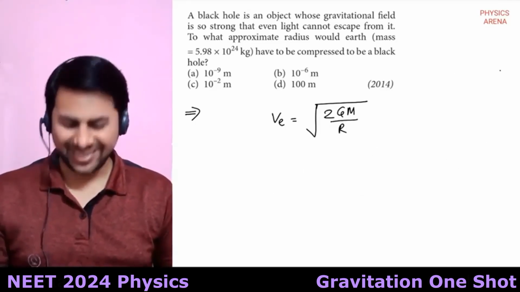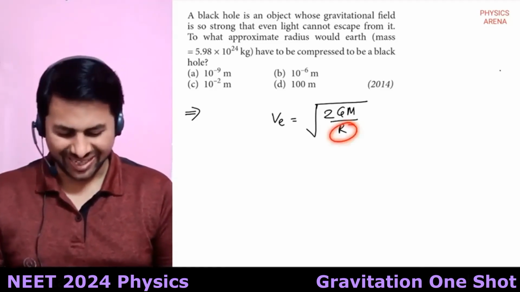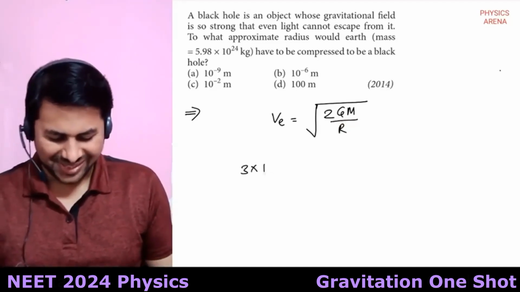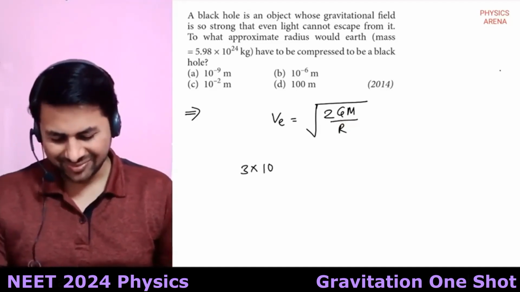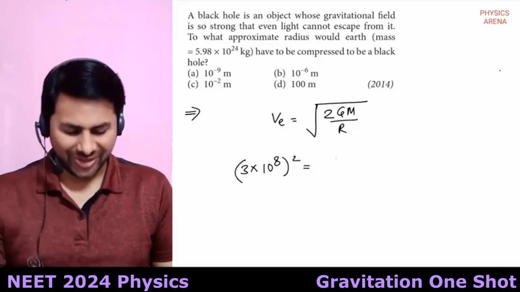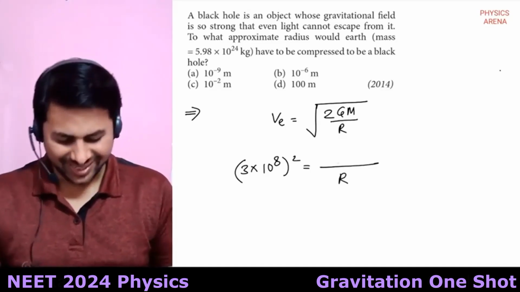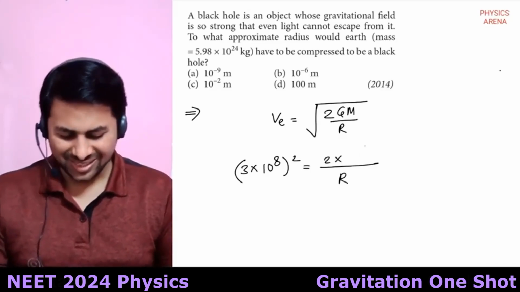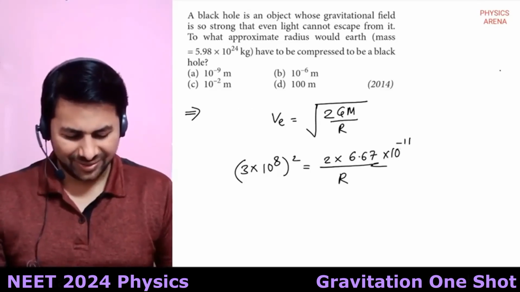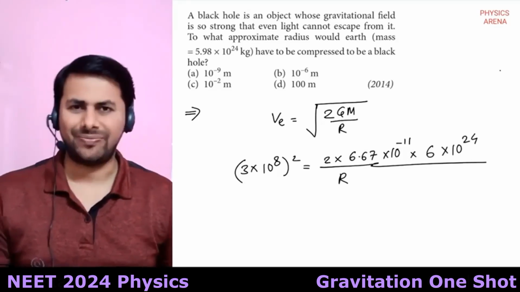We want to find R, so we cannot substitute R. So it is 3 multiplied by 10 raised to 8, whole square, equal to 2GM upon R. We want to find R, so let's keep R as it is. Into 2 multiplied by G, which is 6.67 into 10 raised to minus 11, and you have the mass of Earth, 6 into 10 raised to 24.